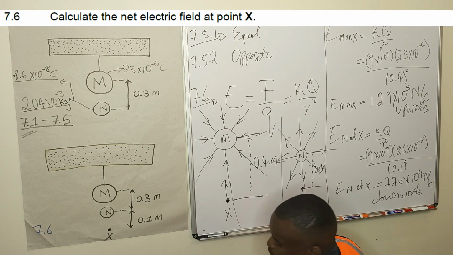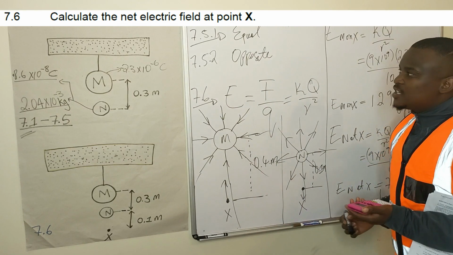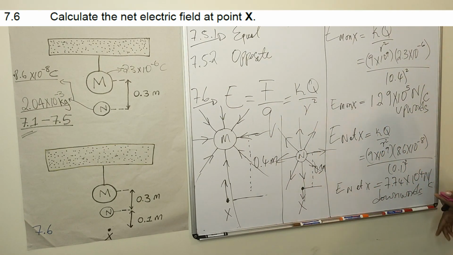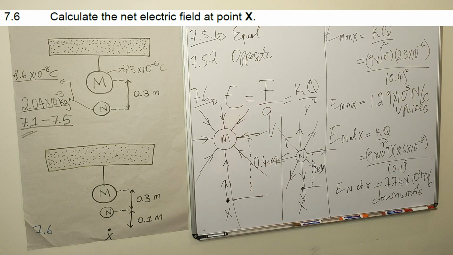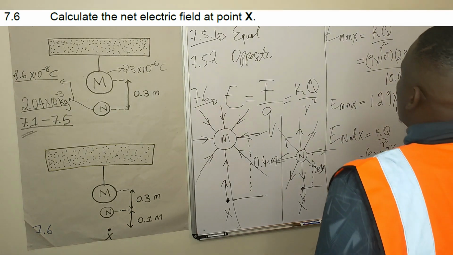Then what do you do at this point? To find the net electric field, you just add the two. It's up to you to decide which one is negative according to your own coordinate system, but for simplicity, we can say upwards is positive and downwards is negative. And that is what we are going to do right now.